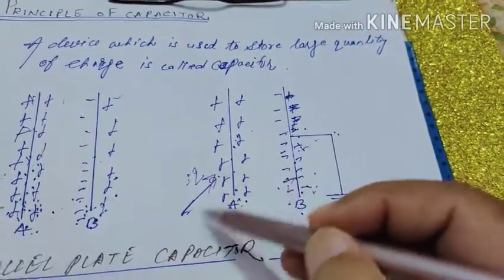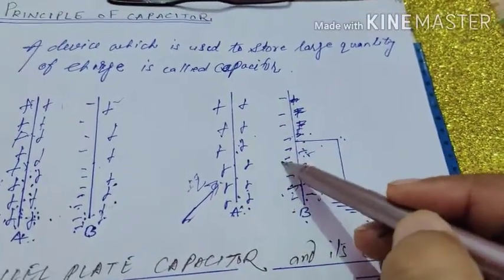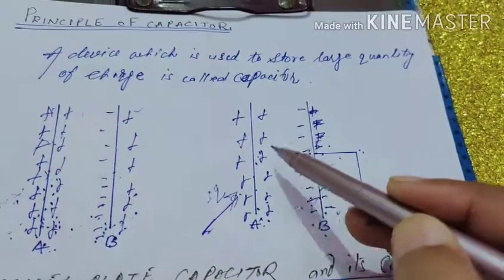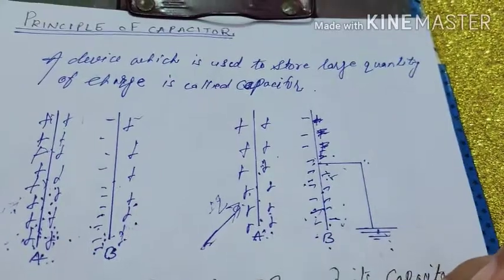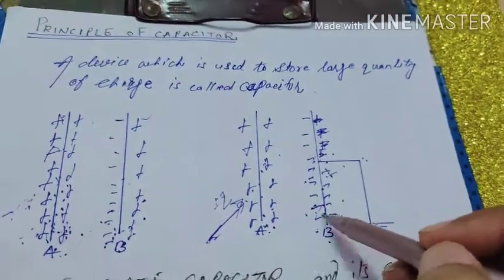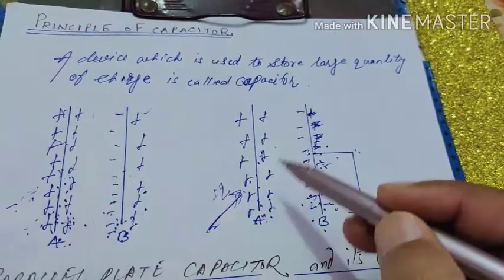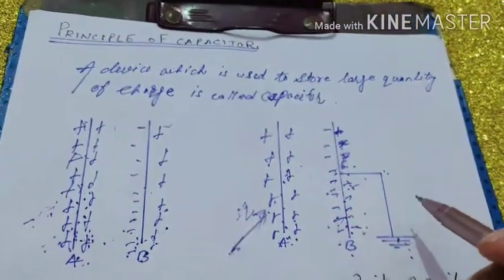So you can supply more charge to plate A, and in that process negative charge appears on B, that again reduces the potential of A, and it again acquires more charge. So in this way, whatever amount of charge you supply to plate A, it can acquire that charge. So this is the principle of a capacitor.